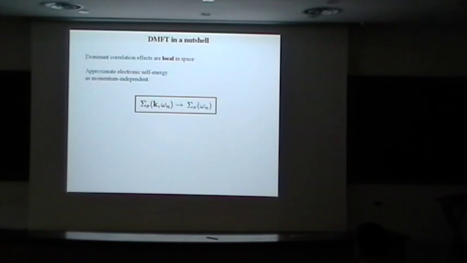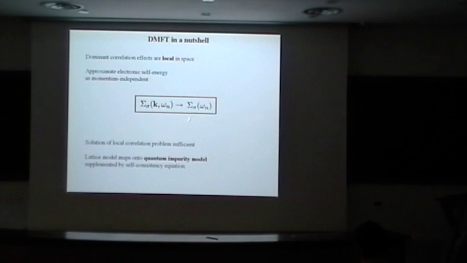So self-energy now arising from the Hubbard U, and then to approximate the self-energy, which is a momentum-dependent function, frequency-dependent function, by a function which only depends on frequency. This approximation can be justified in some limit of large dimension, but this is not what I will want to discuss here. I will just consider this as an approximation to a real system in finite dimensions.